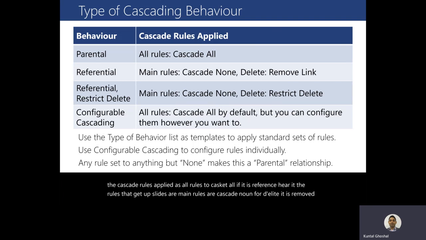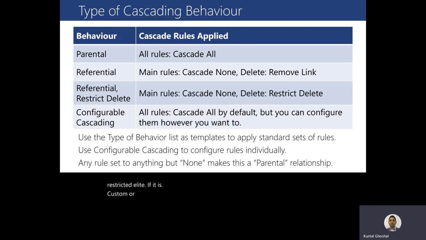For referential, restrict delete, for main rules it is cascade none, for delete it is restrict delete. If it is custom or configurable cascading, the rules applied are all rules cascade all by default. But again, you can configure on each of those particular actions which rule you want to apply.